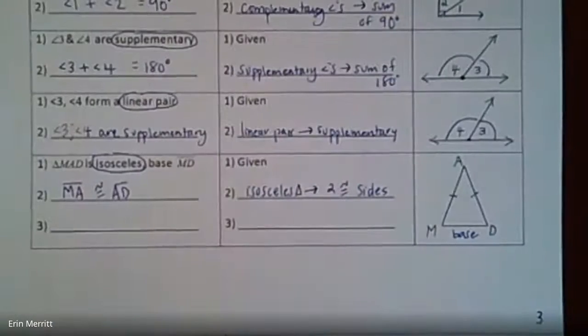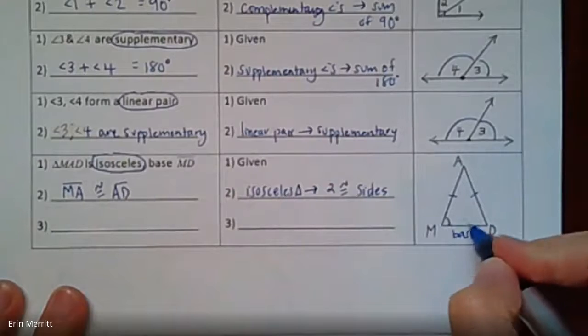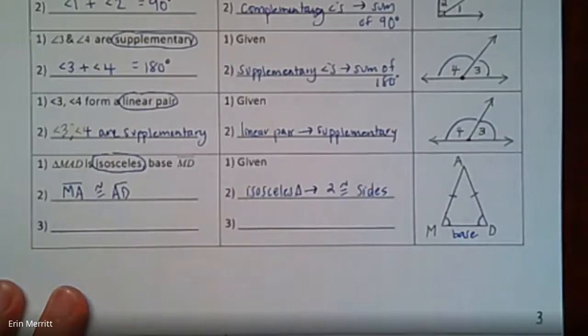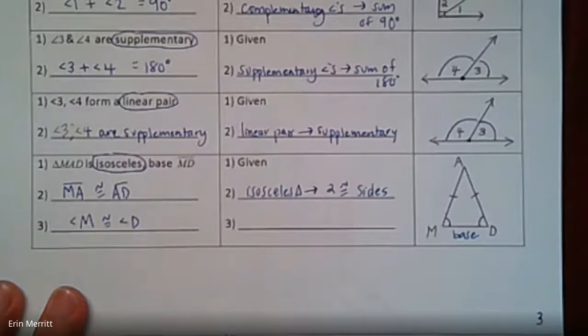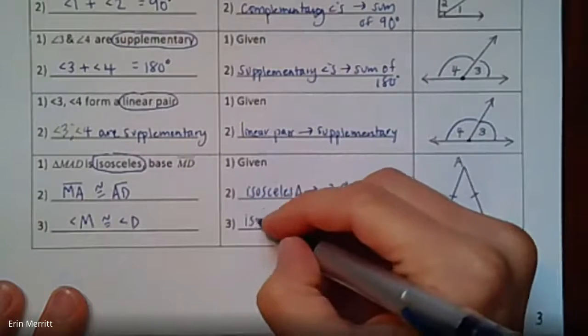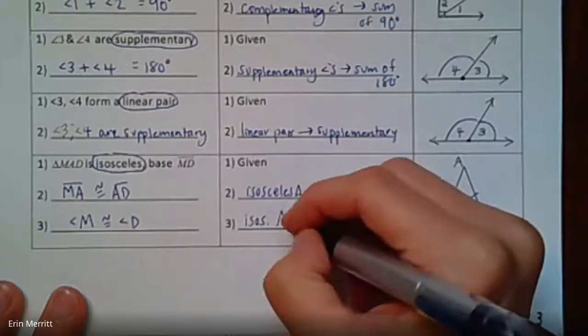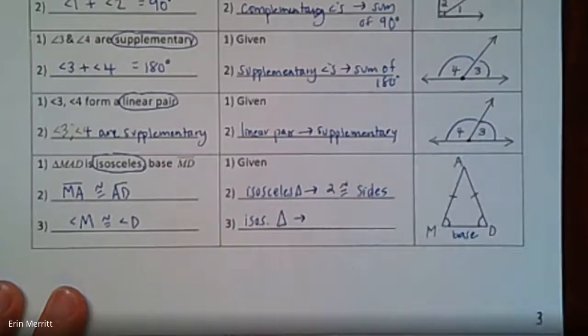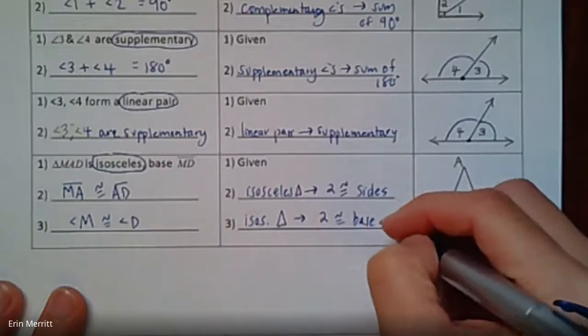So that's why you have another line here. You can now say that the base angles, angle M and angle D, are congruent. And your reason, right off the reason sheet, would be an isosceles triangle. And you can abbreviate that to ISOS if you like. Sometimes isosceles can be tricky to spell. Implies two congruent base angles.